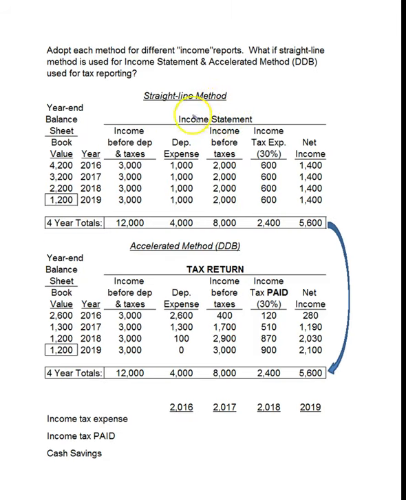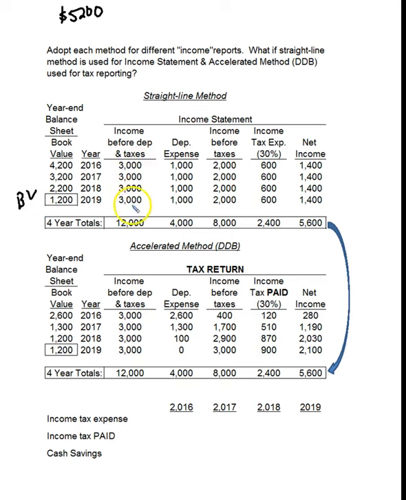So here I've got a setup for the income statement if I use straight line. And again, remember the $1,000 each year in our O'Brien example I just made up. So keep in mind, it had a cost of $5,200, and then if you subtract the accumulated depreciation, you would get a book value of $4,200, $3,200, $2,200, and then at the end, $1,200 book value.